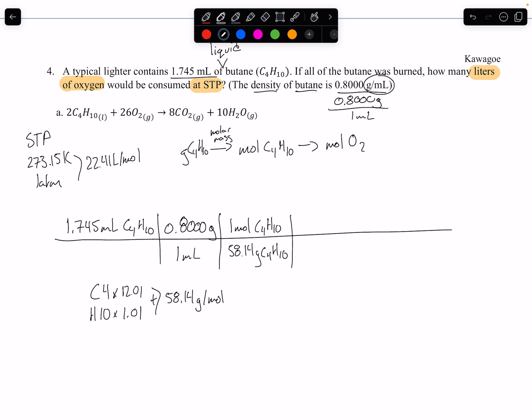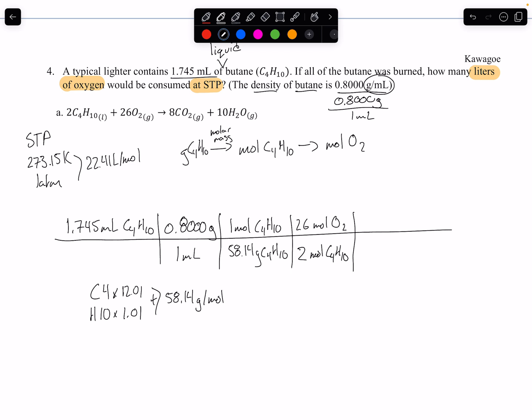So C4H10, I need now my mole ratio because I've calculated the number of moles after this step. The mole ratio between butane and oxygen. It's a pretty big ratio. For every 2 moles of C4H10, I need to consume 26 moles of O2. And again, if you got to this point and you converted to grams, you have to think about why you're doing the next step.